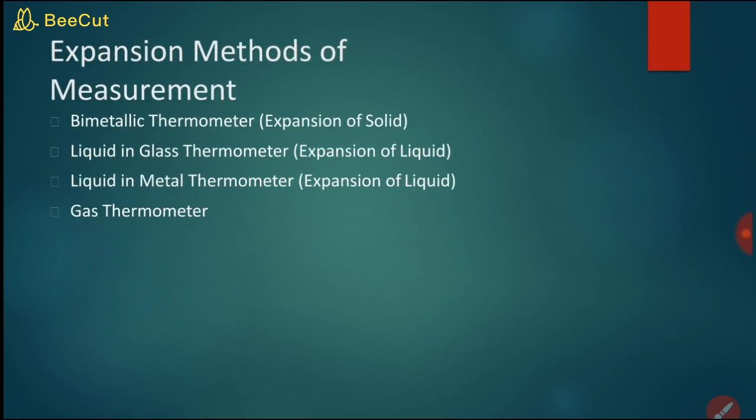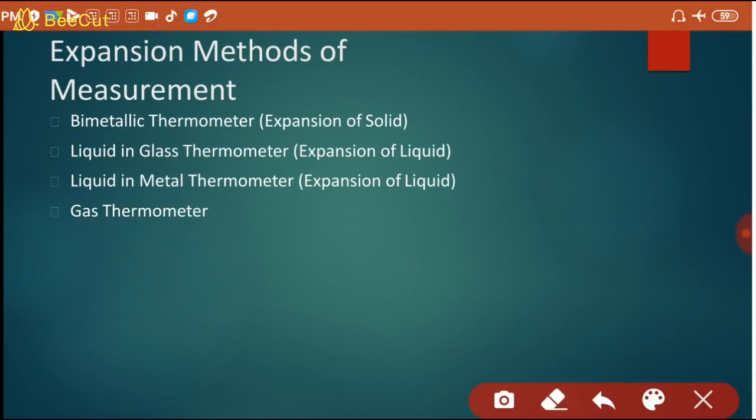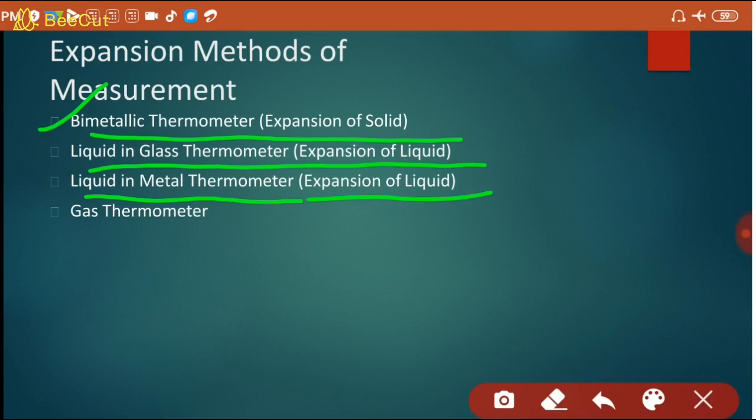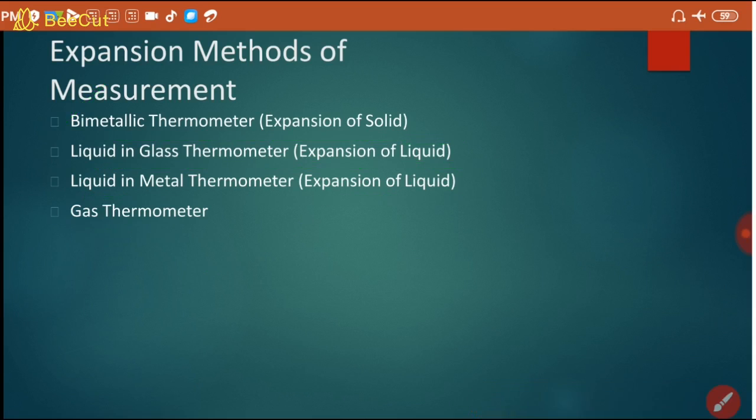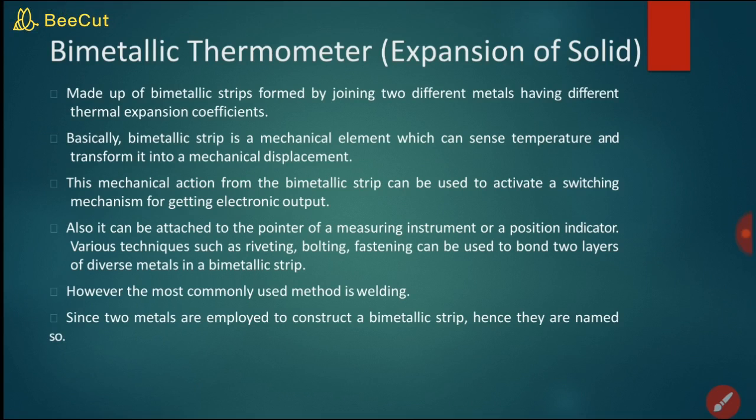Okay, so first we talk about the expansion method of measurement, and in it we understood the concept of bimetallic thermometer, that is expansion of solid, liquid glass thermometer, expansion of liquid in metal thermometer, and gas thermometer.